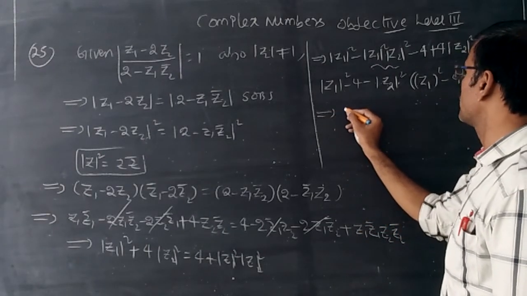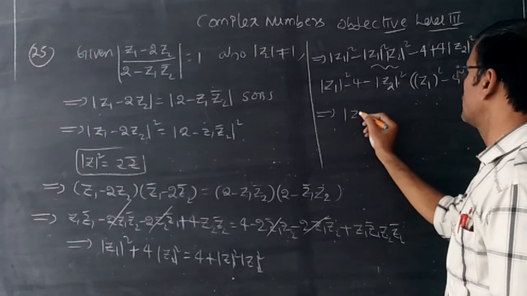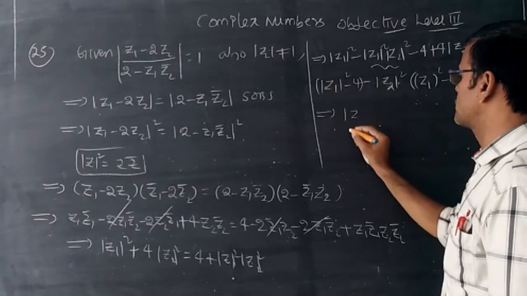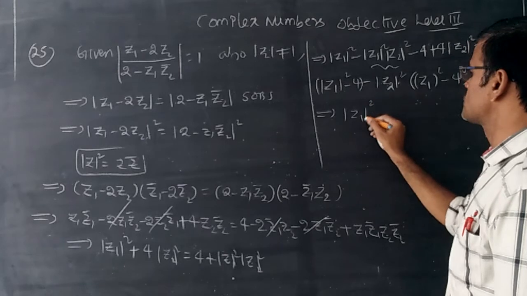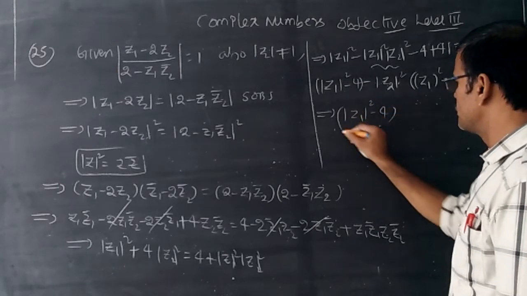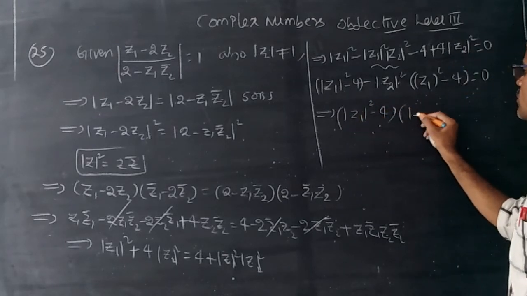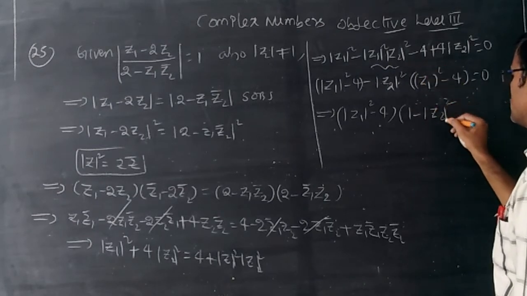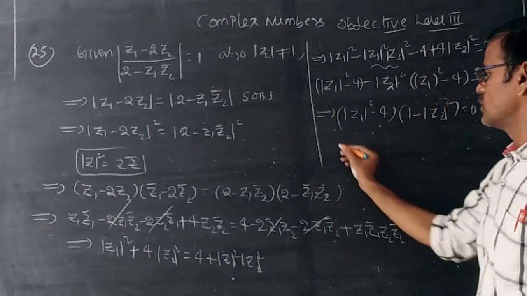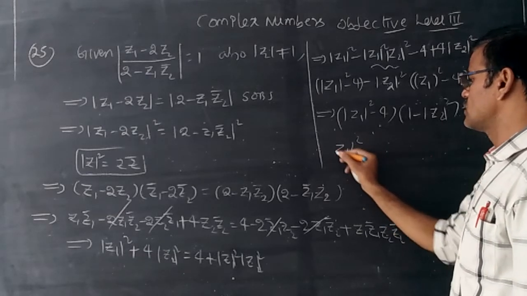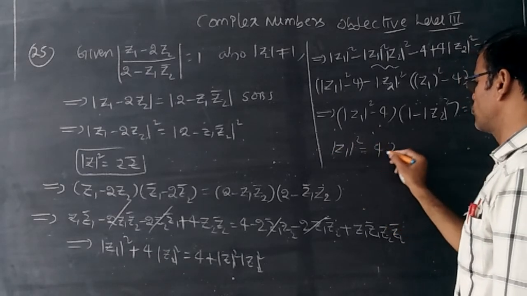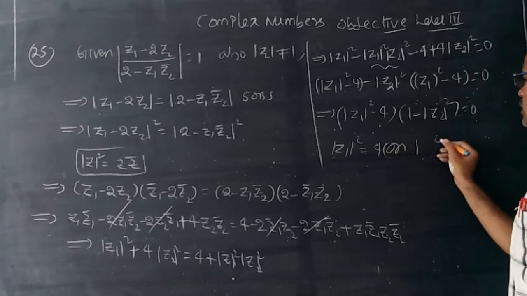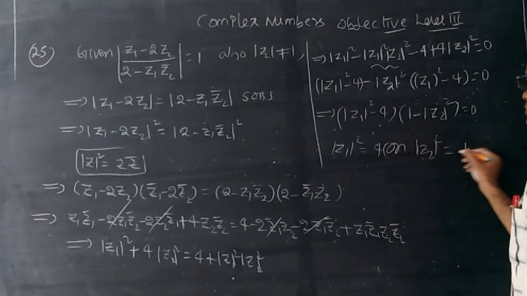Now take common: modulus of z1 square minus 4 into 1 minus modulus of z2 square equal to 0. That means modulus of z1 square is equal to 4 or modulus of z2 square is equal to 1.